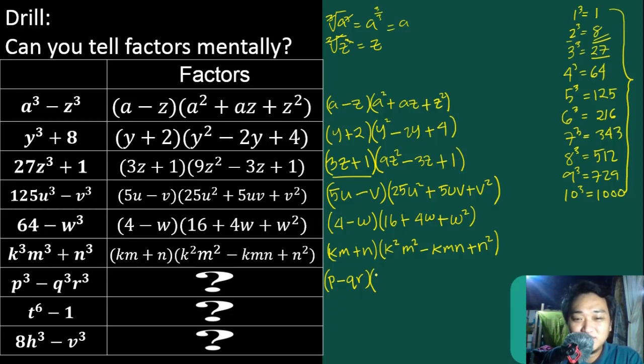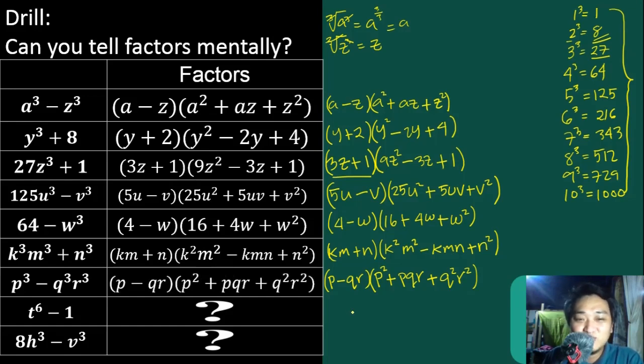Times the quantity p squared, and then the product of the terms in the binomial, that will be positive p q r. Bakit positive? Kasi yung middle term, pag negative sa binomial, positive dun sa trinomial. The rest are plus. Plus, what will be the square of qr? That is q squared r squared. So, napaka simpleng-simple. Subukan nga natin. Okay, so tama tayo. PQR, Q squared, R squared.